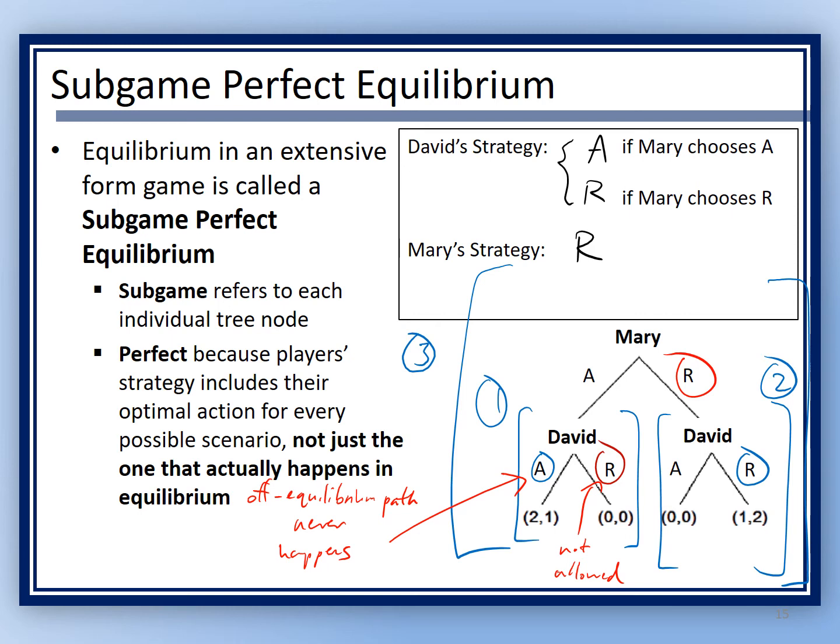So no empty threats, and start solving the game from the bottom. In this particular case, it's quite clear that Mary is better off than David, because Mary gets to choose her favorite romance movie.